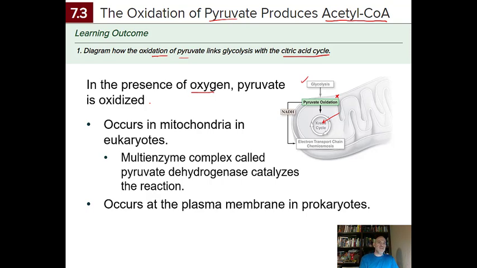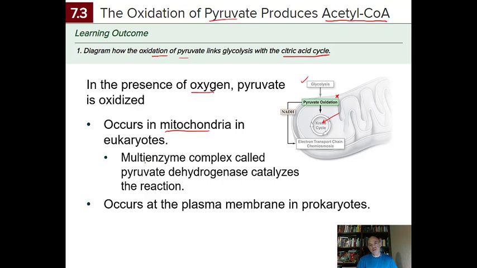So in eukaryotes, which do have a mitochondrion, there is a multi-enzyme complex, which was brought up in the last chapter. It was many enzymes together that will take the substrate and cause it to change, producing an intermediate that gets picked up by the next enzyme within that complex.